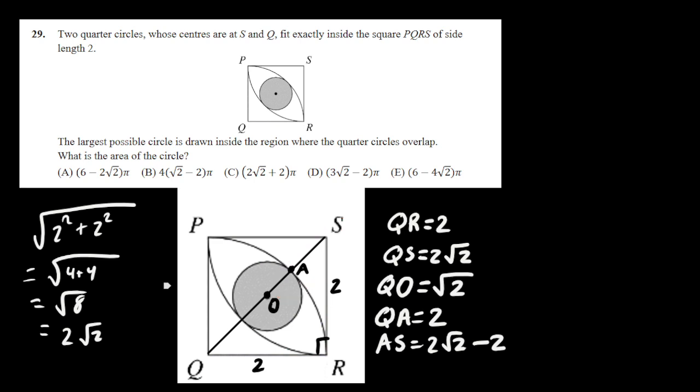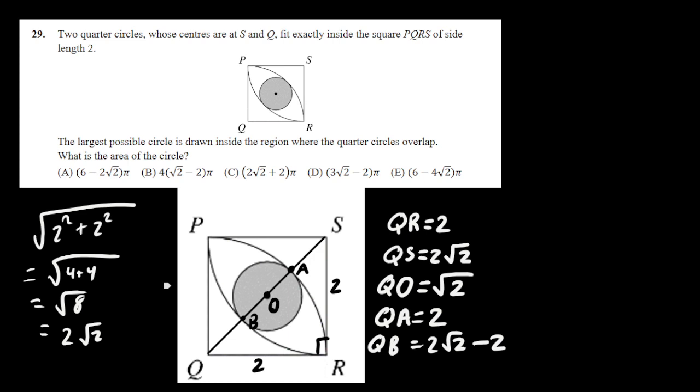And you can do the same thing with this point in this circle, and this would equal 2 as well. Let me make another point, B. QB would equal 2 root 2 minus 2.